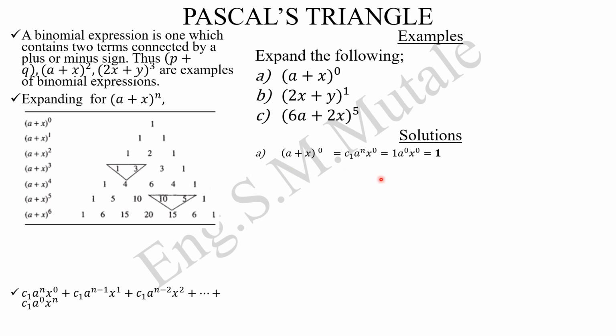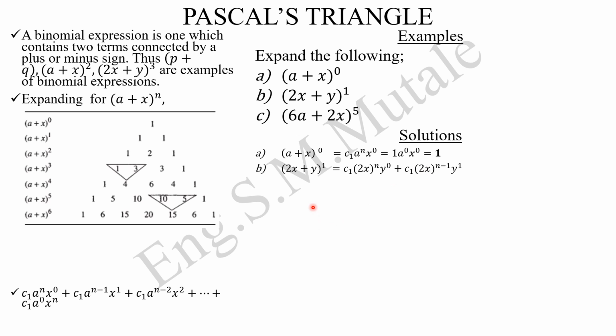Therefore, for a plus x to the power 0, the coefficient from the Pascal's triangle is just a 1. So where there is a coefficient there, we'll put a 1. Then a will start reducing from 0. Then x will increase from 0 like that. But since we are not going anywhere, it's just 0, and then you realize that a to the power 0 is 1, x to the power 0 is 1, therefore the expansion of this is a 1. And automatically anything to the power 0 is a 1. So we have that one.